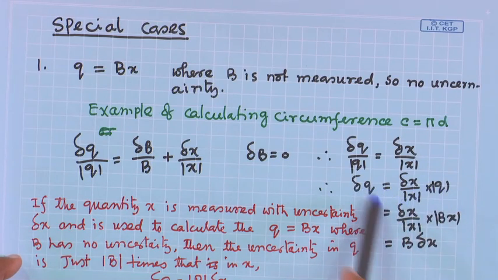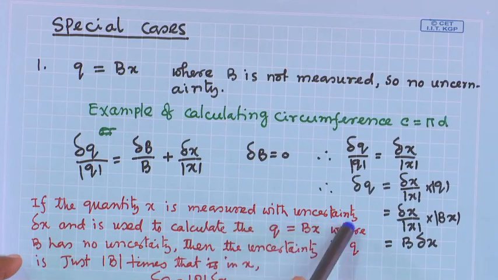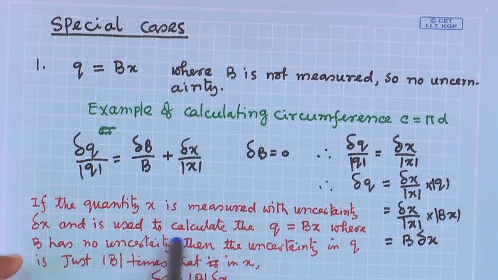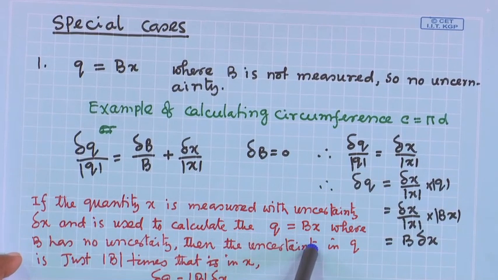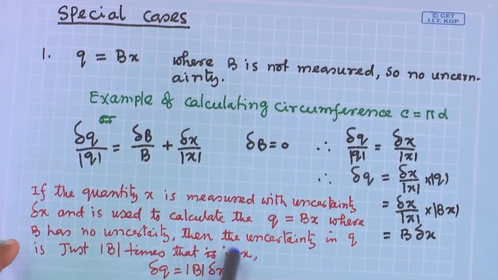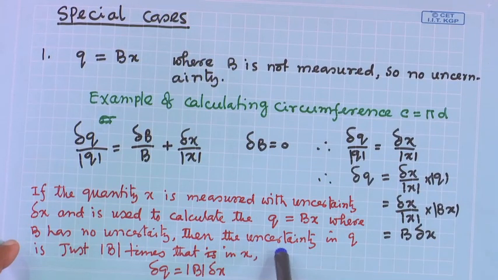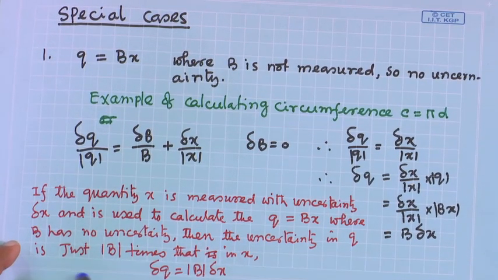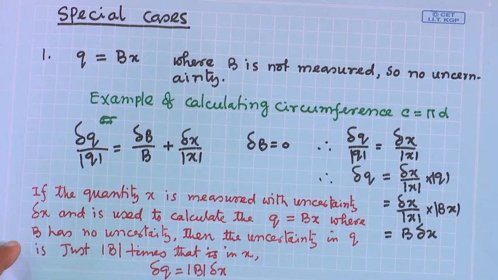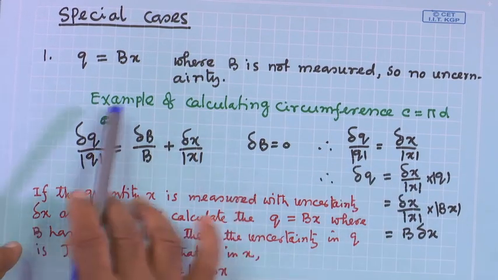So, from here what are you seeing? If the quantity x is measured with uncertainty delta x and is used to calculate q equal to b x, where b has no uncertainty, then the absolute uncertainty in q is just b times that in x. That means delta q equal to b delta x. This calculation is based on our known rules, rule 3, rule 2, for the product case.